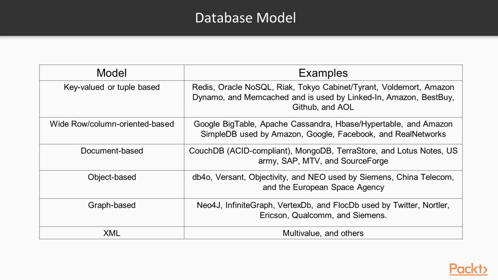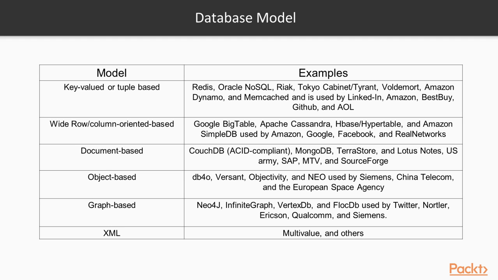Let's learn about the NoSQL database model. It is key-valued or tuple-based. For example, Oracle NoSQL, Voldemort, Amazon Dynamo, GitHub, etc. Next is wide row or column-oriented based. For example, Google Bigtable, Apache Cassandra, and Amazon SimpleDB, used by Amazon, Google, etc. Document-based.